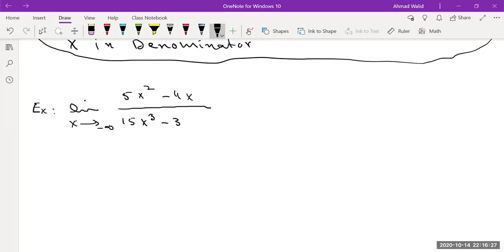Okay, based on my method, I have to divide all terms by the highest exponent in the denominator. What is the highest exponent in the denominator? It is x cubed. Let's do it. Keep your limit, x approaching negative infinity.